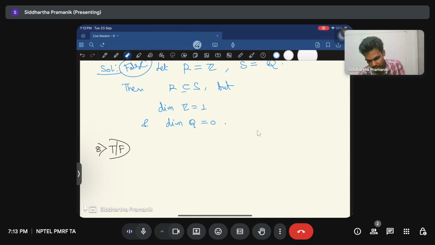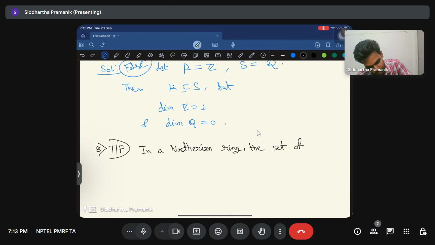So the statement is: in a Noetherian ring, the set of all prime ideals satisfies descending chain condition.